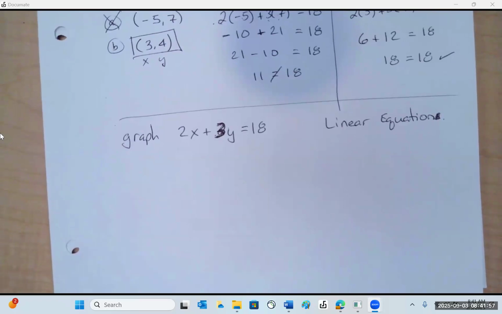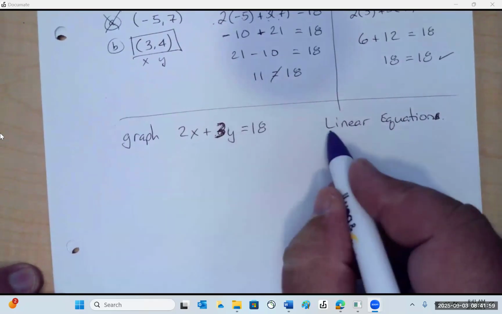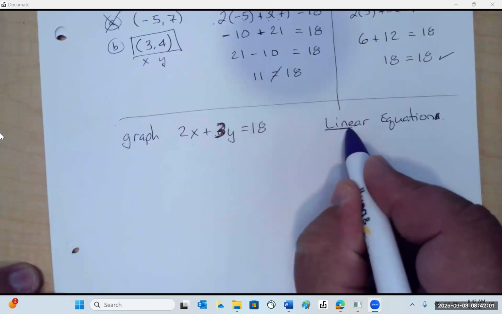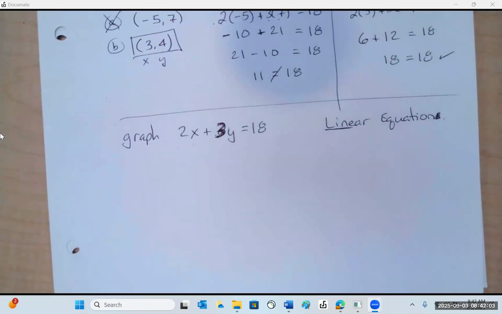In other words, what that means is we know that when we draw it, we're going to get a graph of a line. Now, why is that important? What do you need to draw a graph of a line?